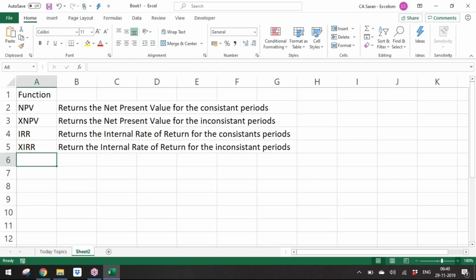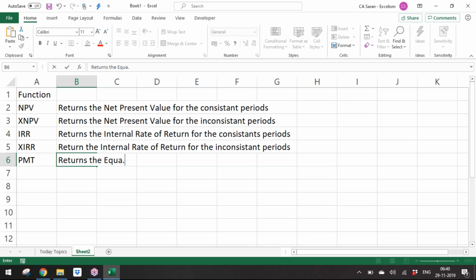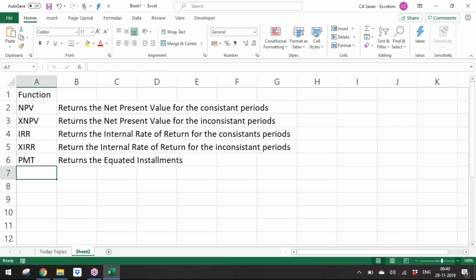To calculate the equated installment, we have a function in Excel named PMT, returns the equated installment. You cannot say monthly, you cannot say yearly or quarterly. That is based on what we are going to select in the parameter. PMT returns the equated installment.